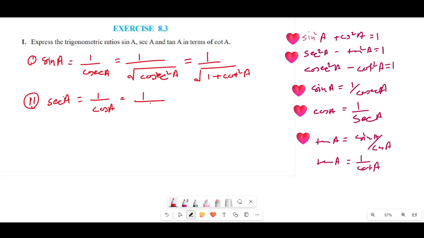Then we can write cos A in terms of sin A, square root of 1 minus sin square A. Clear? Now we can solve this type of problem. Suppose here we multiply, and with the help of the formula we can simplify this. Clear?